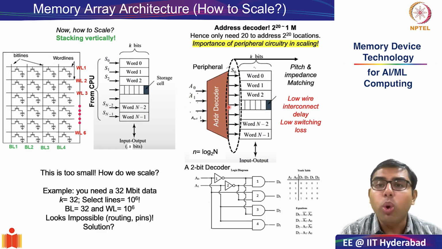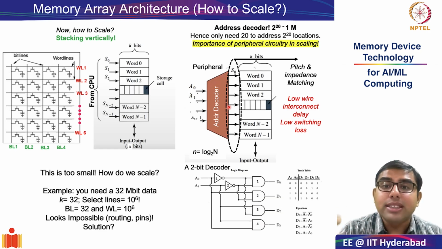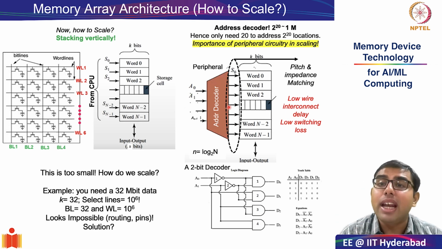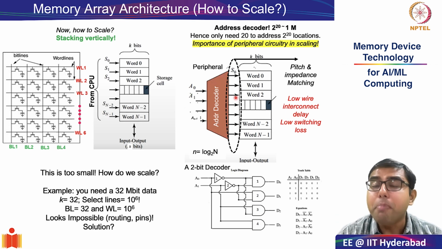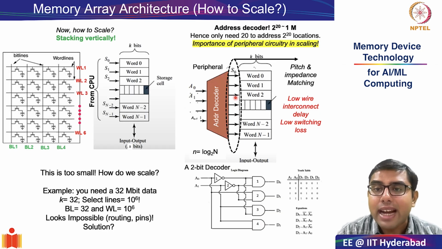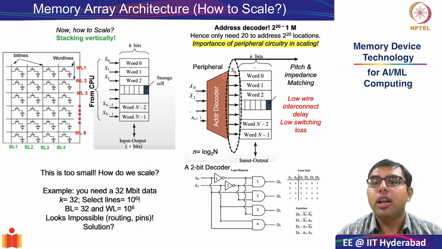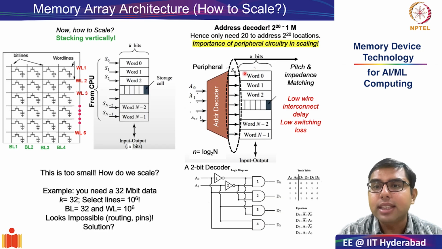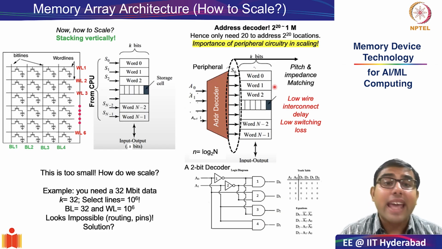Let us review how this address decoder will work when it is implemented in very large arrays. But before that, an important thing that we should probably discuss is that please recognize that the address decoder is completely digital logic, whereas the array can consist of analog elements as well.